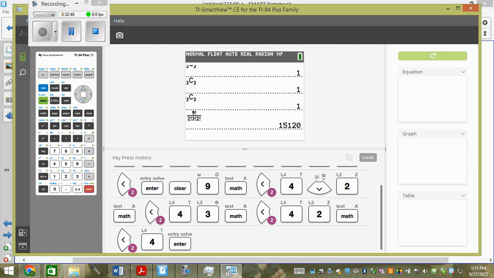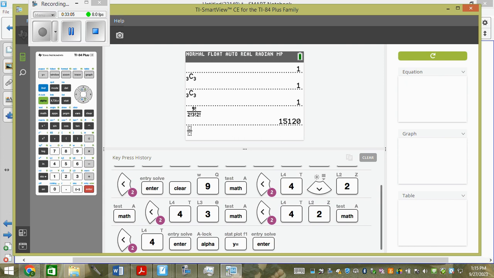And you got that. If you have the TI-84 plus, you can get a fraction as well, just not the same way. So what you can do is you can go alpha y equals enter.